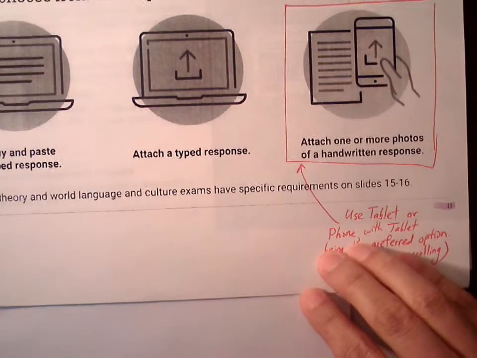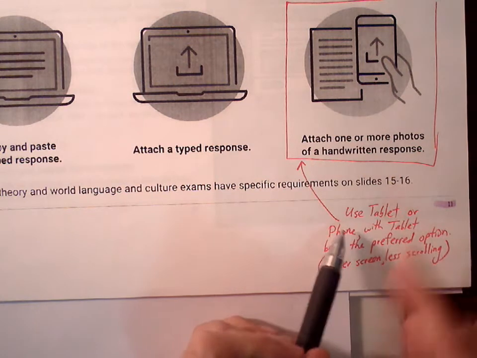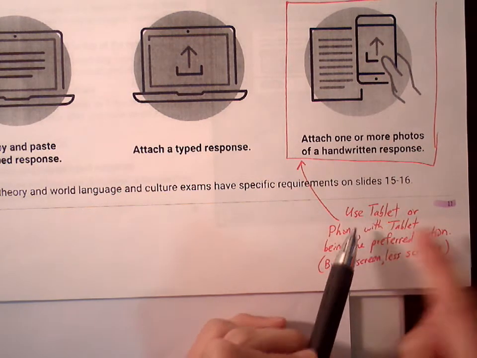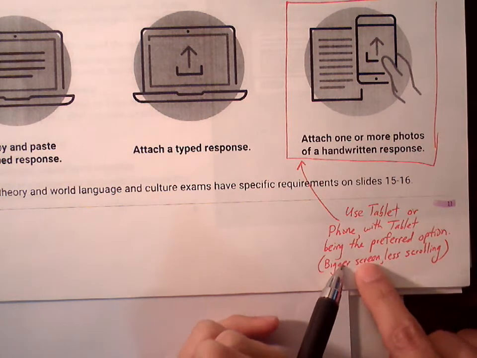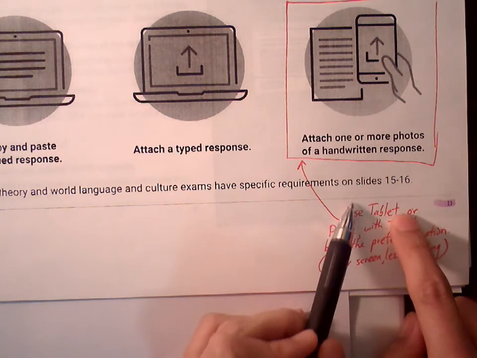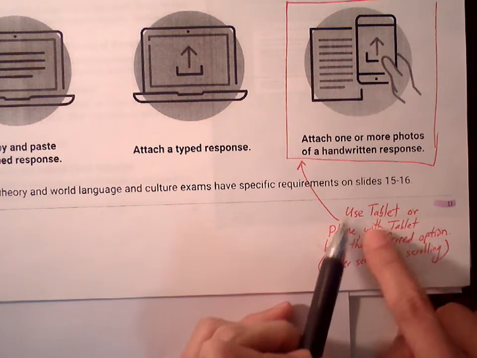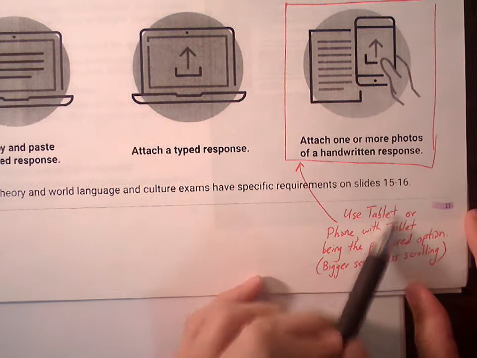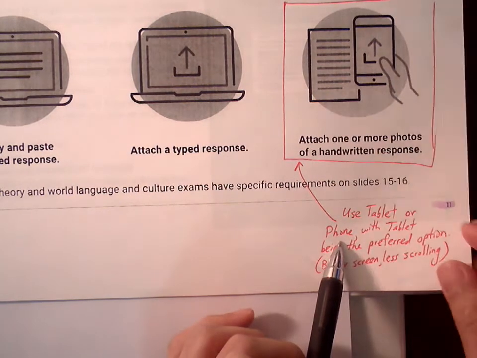And if you're able to, I think if you can use a tablet, that would be best, because then you have a larger screen, there's less scrolling involved, and also that tablet can do what the phone can do. It can take pictures, and you can easily upload. So that is my preference, even though I think phones are perfectly fine.